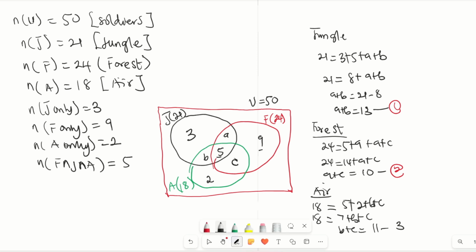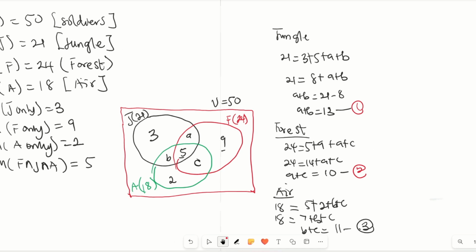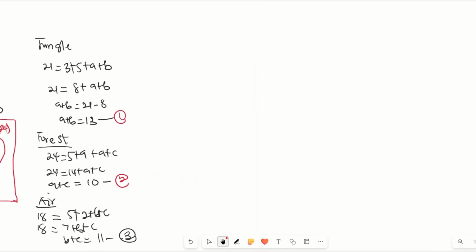So we have our 3 equations now, right? We have our first equation, we have our second equation, we have our third equation. And remember, we got these 3 equations basically from taking each of them circle by circle, right? So we want to write out the 3 equations. So our first equation is A plus B is equal to 13.